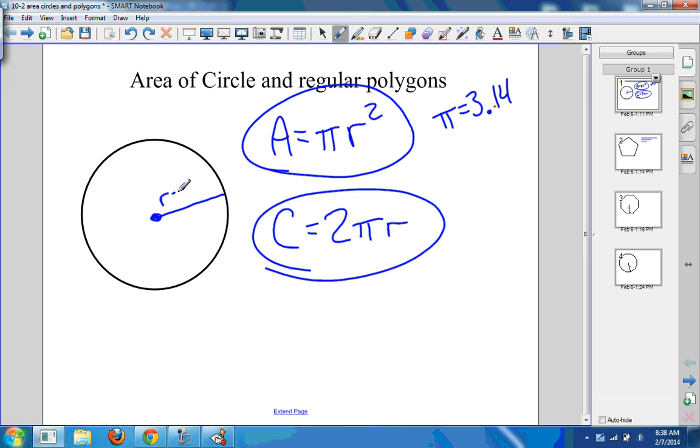Let's say in this circle we have a radius equal to 3. My area then is going to be equal to pi times 3 squared, which is equal to 9 times pi. Now we can leave our answers in terms of pi, like this, 9 pi, or we can go ahead and multiply 9 times pi.